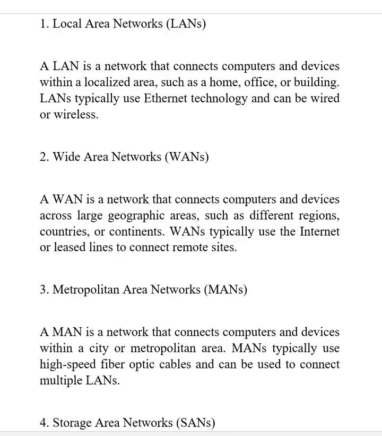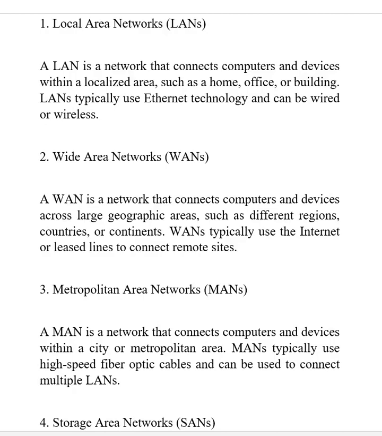LANs typically use Ethernet technology and can be wired or wireless. 2. Wide area networks, WANs. A WAN is a network that connects computers and devices across large geographic areas, such as different regions, countries, or continents. WANs typically use the Internet or leased lines to connect remote sites.